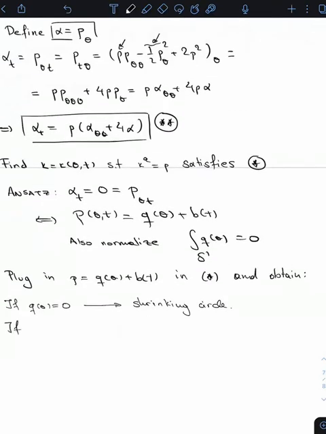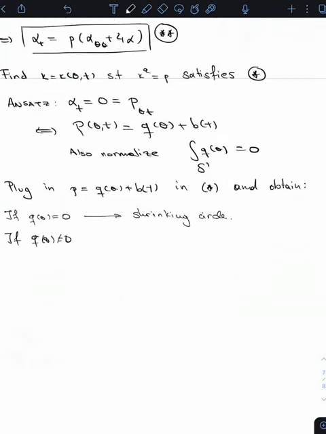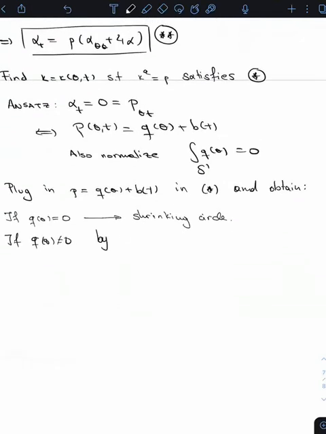Now, if q theta is not identically 0, then we can solve using star and double star. And again, this is just a simple computation, which I'm going to skip and write what we get.